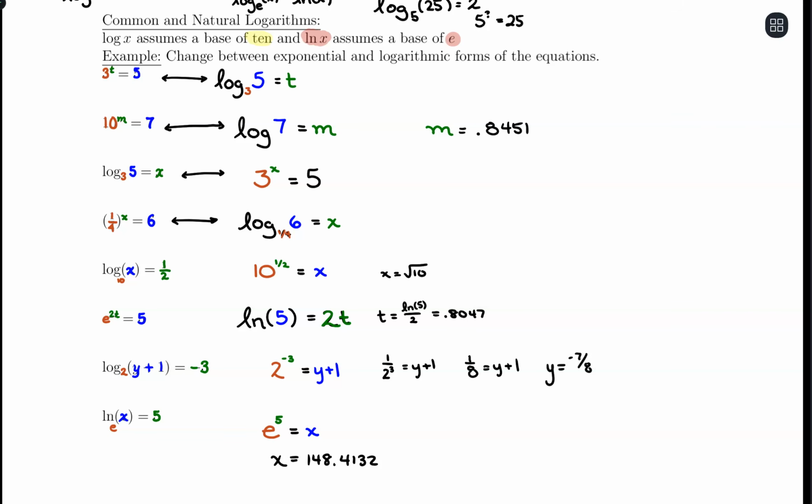And then we have this value that's the output of an exponential form. It turns into the input of our logarithm. So if it's on one side of the equation as just this number that comes out, then when we switch to logarithm form, it's going to be inside the logarithm. The logarithm's a function, and that value will be the input.